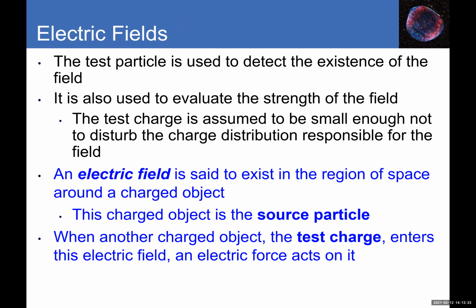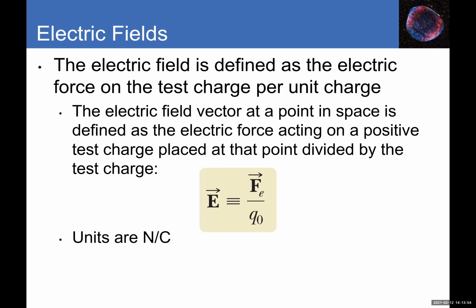All right. So the electric field is said to exist in the region of space around the charged object. This charged object is then the source particle. That means the sphere that we had. So when another charged object, the test charge, enters this electric field, an electric force acts on it. And here's the equation.